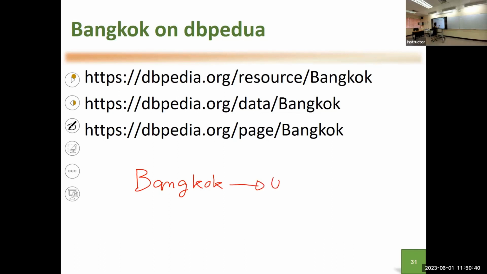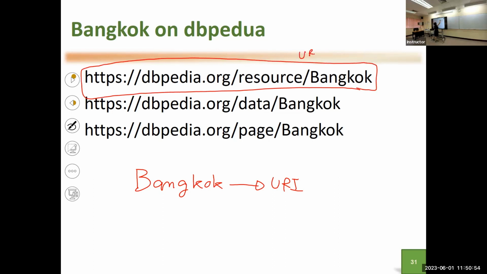You need to have a URI for Bangkok when you want to make it available on the semantic web, and this is it. This is the URI for Bangkok. As I said, URI is just an ID. It doesn't mean anything.